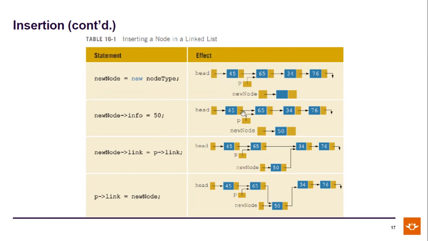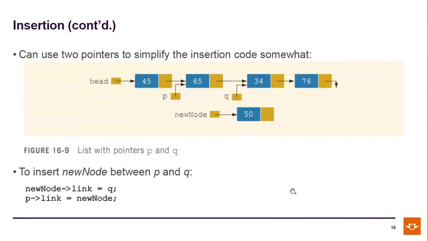It's better than arrays because you only go to the particular memory address that you are looking at, and when you get there, you simply reconfigure the connections, which is usually a two-step process. All you do is make your new node point to whatever that node is pointing to, and then you make that node point to the new node, and then you're done.